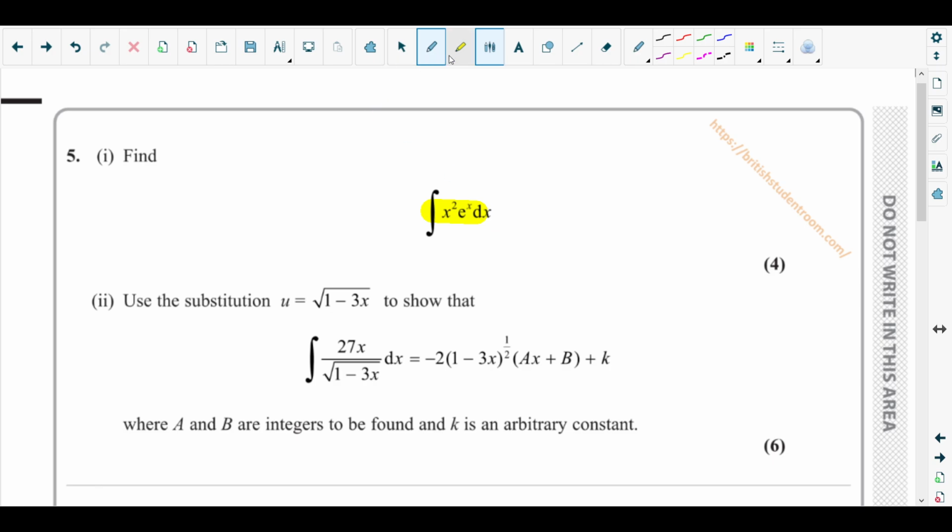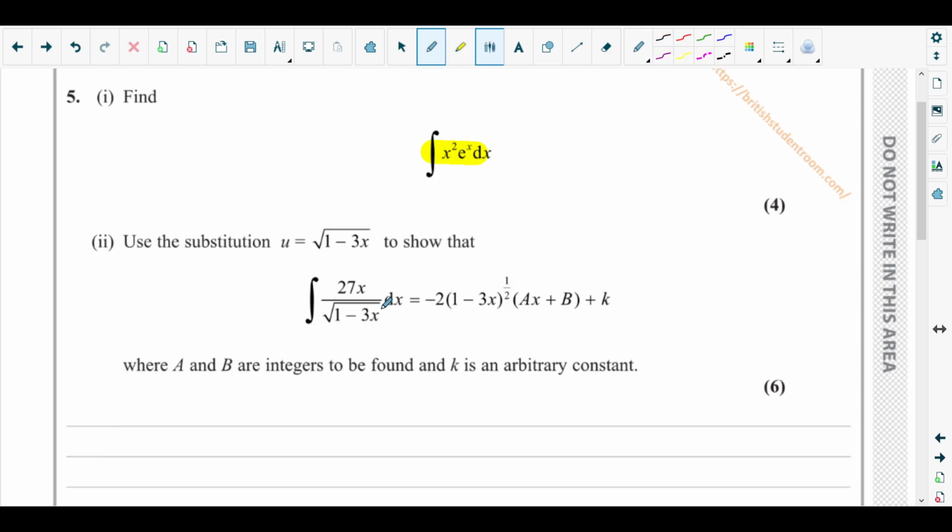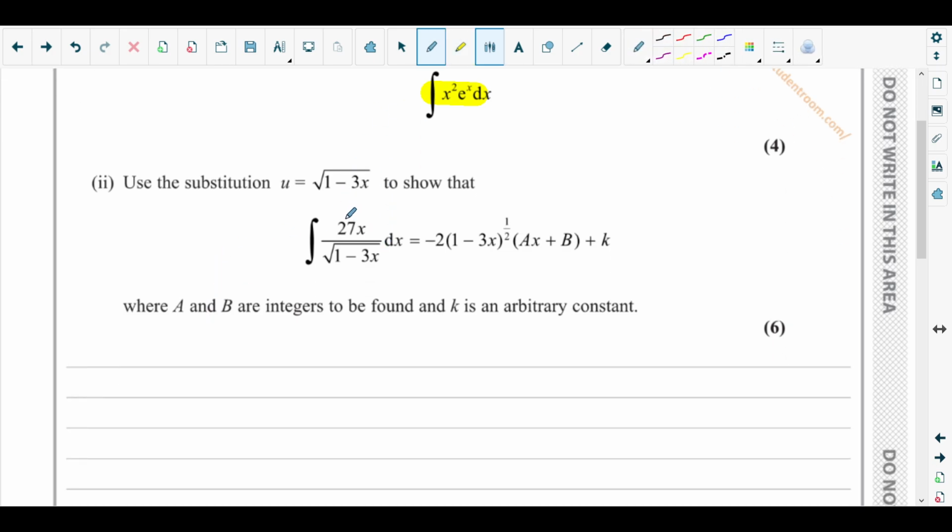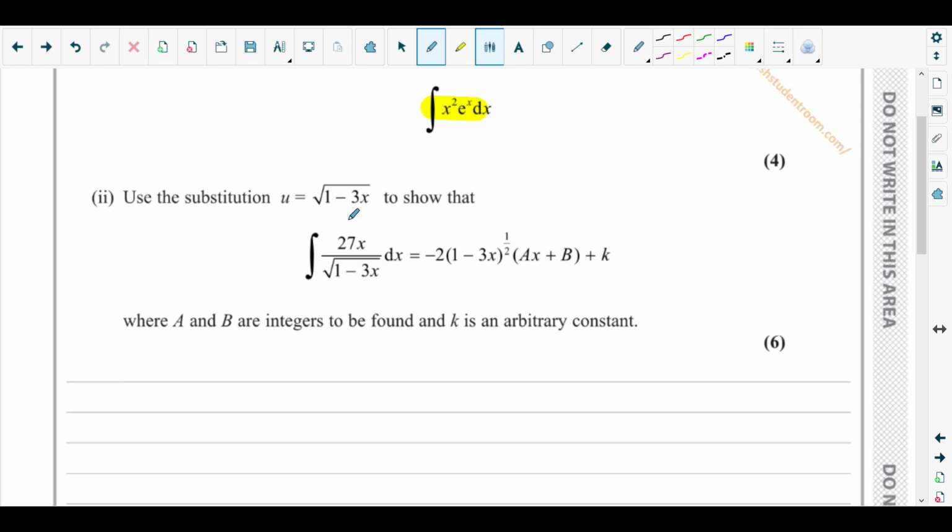Most students get confused in this part, about how to start the by parts method. In by parts, we take one of the terms for differentiation and the other term for integration. So here the confusion starts.